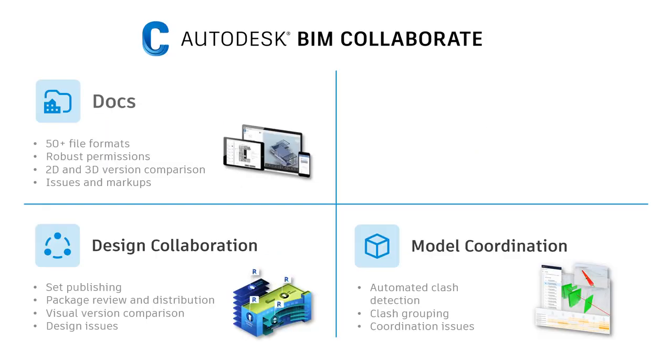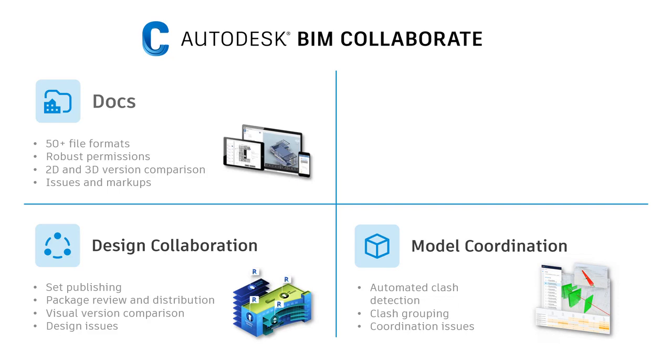BIM Collaborate and BIM Collaborate Pro enable building design professionals and extended project team stakeholders, whether within one firm or across multiple firms, to collaborate securely and store data on the Autodesk Construction Cloud platform for AEC projects.